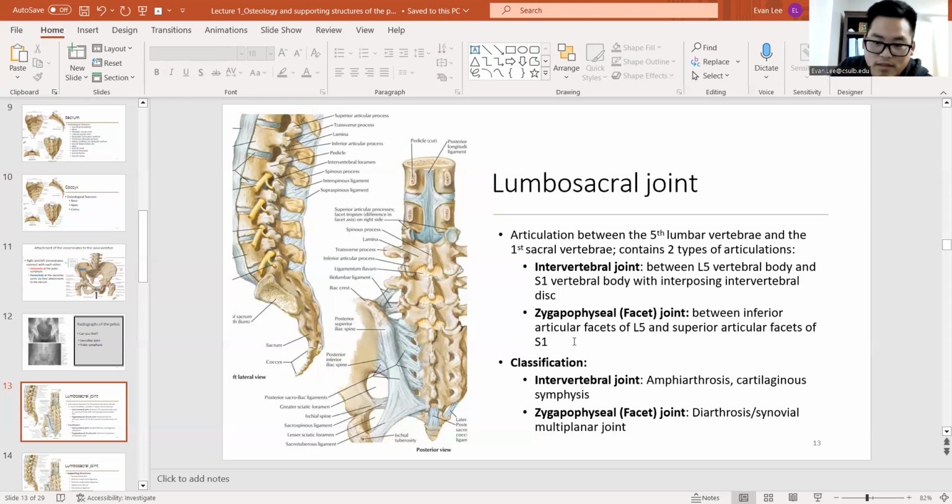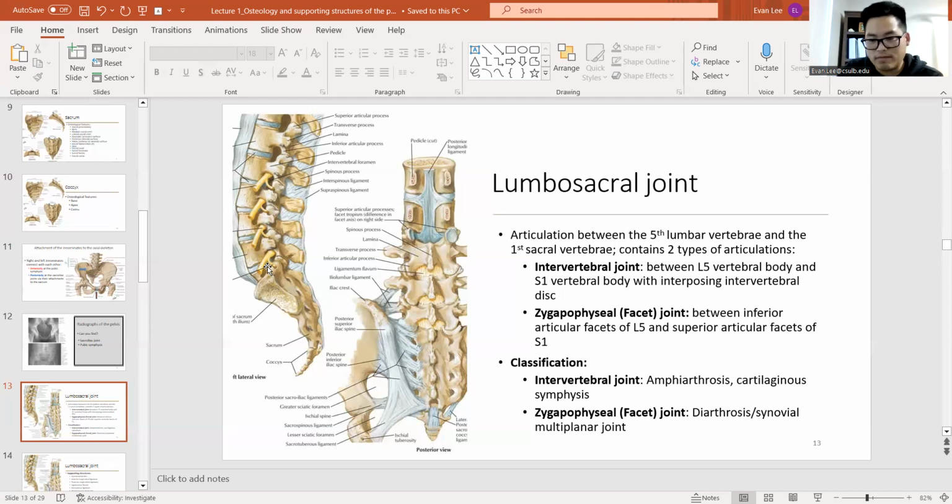So when you look at these, the intervertebral joint does allow for some movement, but it's largely going to be a cartilaginous joint. So if you look closely between the vertebrae, these are otherwise known as intervertebral discs, which we'll talk about later, but that's similar to what you see down here, which is a symphysis joint, similar to a pubic symphysis.